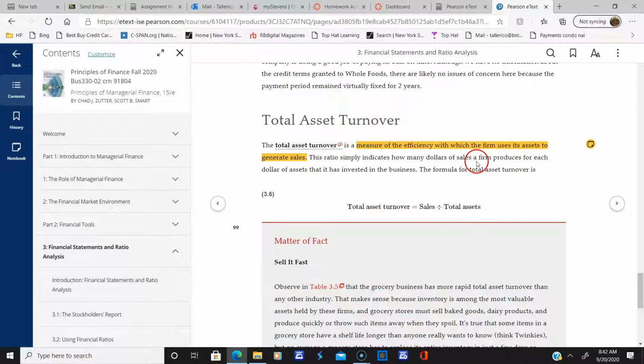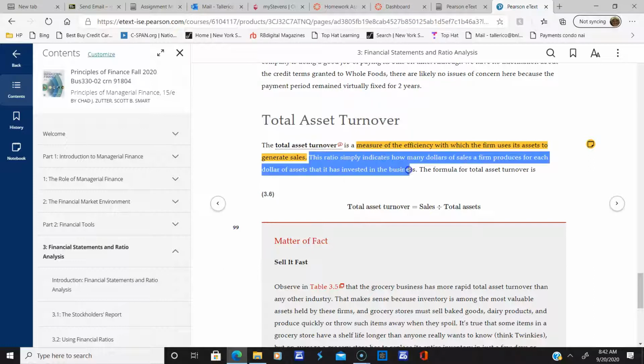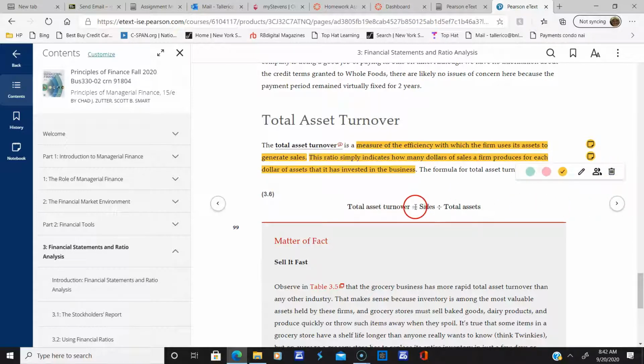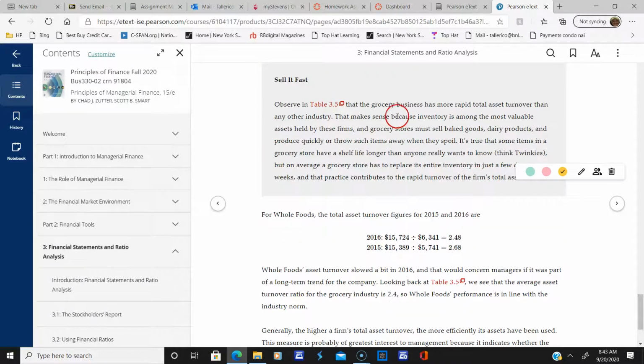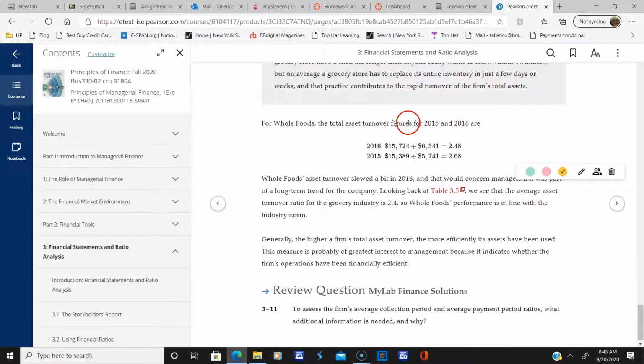How many dollars of sales a firm produces for each dollar of assets that it has invested in the business? So again, this is an important point, and that's why I just gave you an example of kind of, right? So that's divided by sales, which comes off of the income statement, and total assets, which comes off of the balance sheet. Okay, so again, they have a little nice box here to talk to you about.